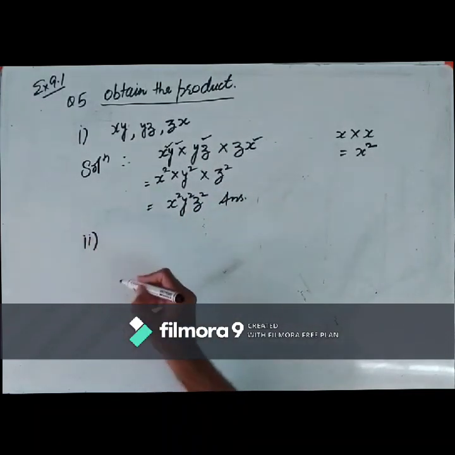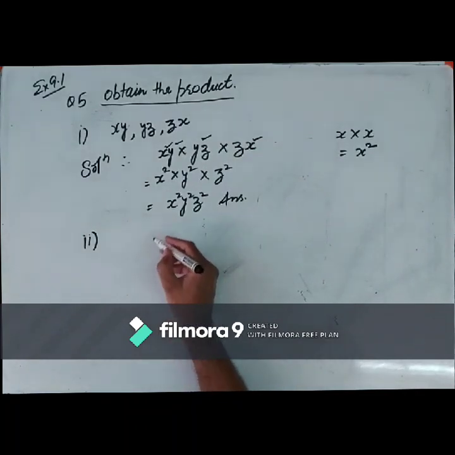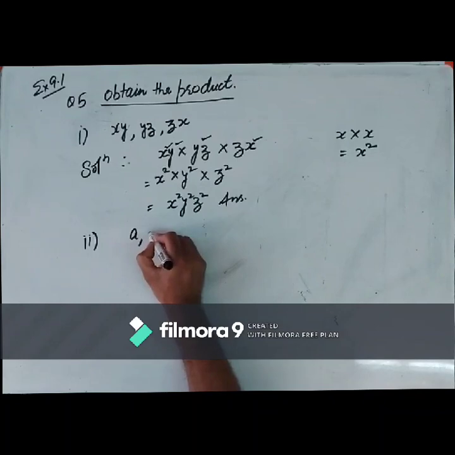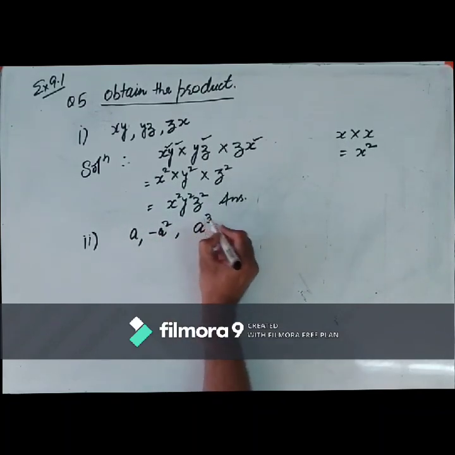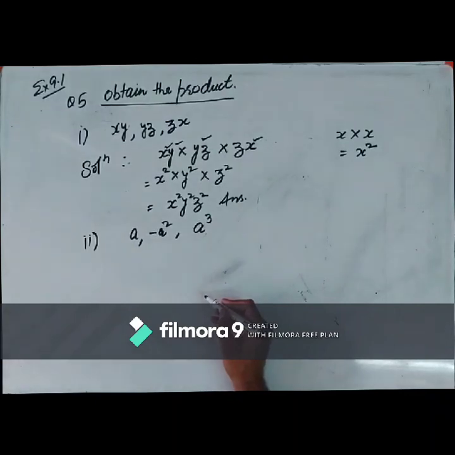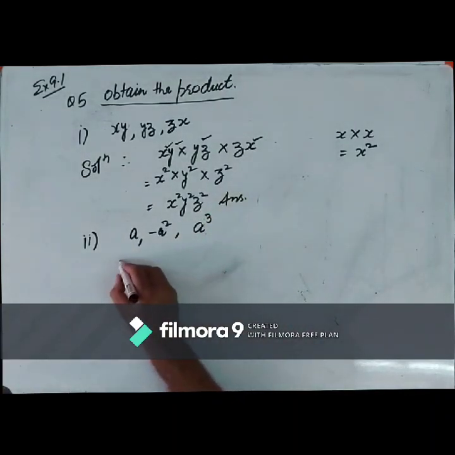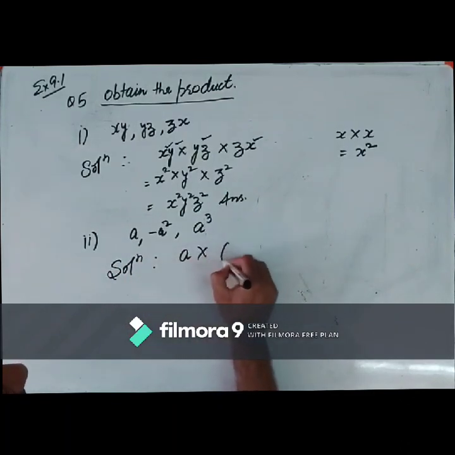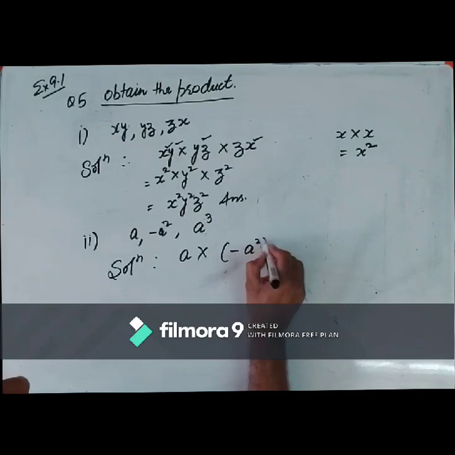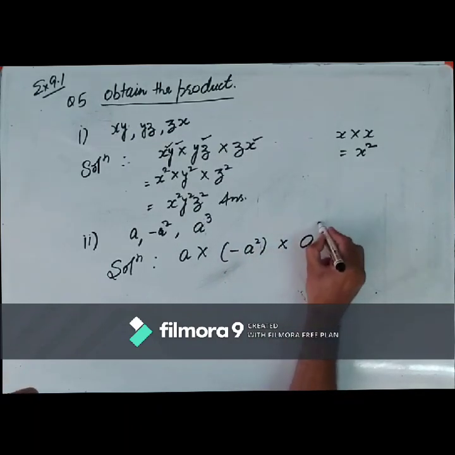Similarly, let us see one more example. Question number 5, a, minus a square, a cube. So remember the previous one, as we have done in question number 4 as well. In the solution part we will do it as a into minus a square into a cube.